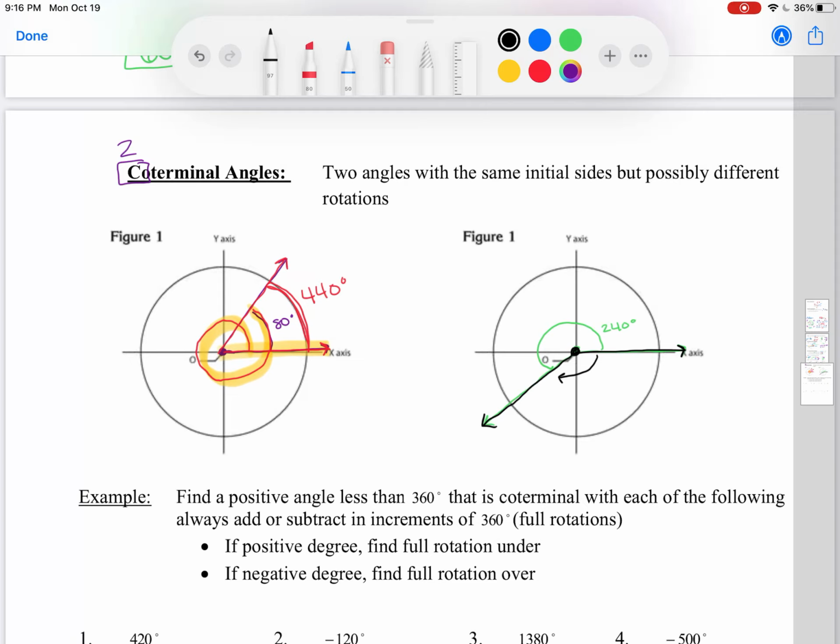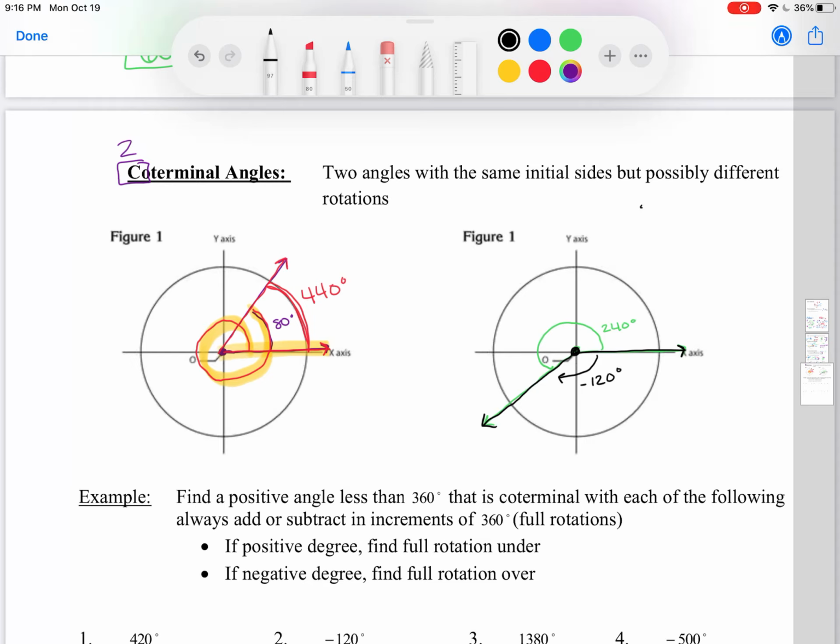Now, because I'm choosing to go clockwise, I know that my angle is going to be negative. And in fact, if I took 360, because I know altogether this is going to make 360 between my 240 plus my new angle, I know that in order to make a full circle, I am missing a total of 120 degrees to get me to that 360.